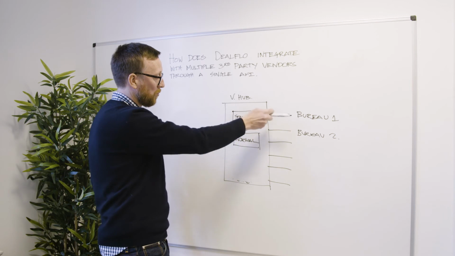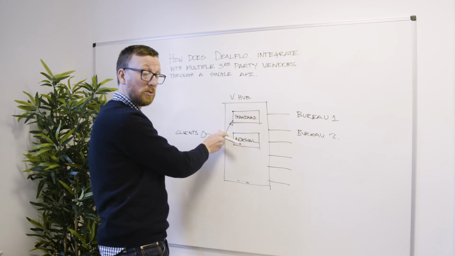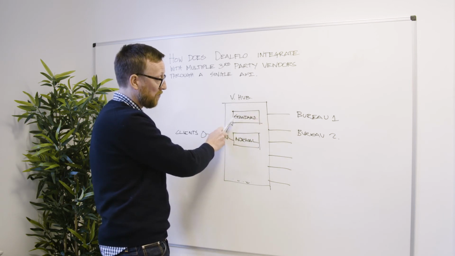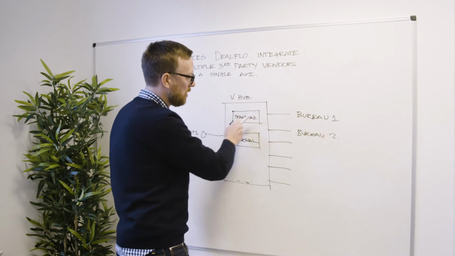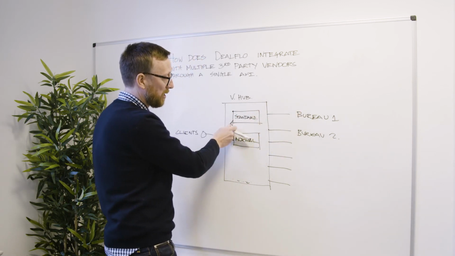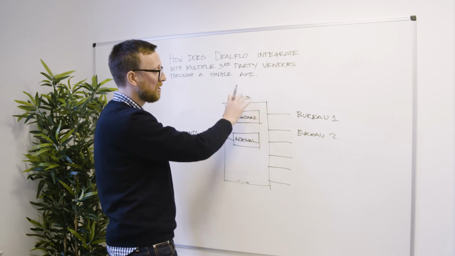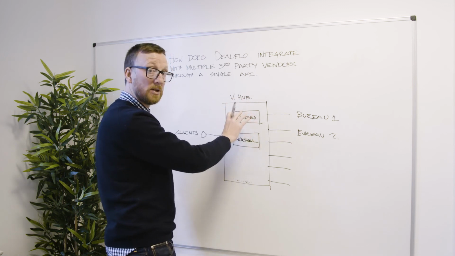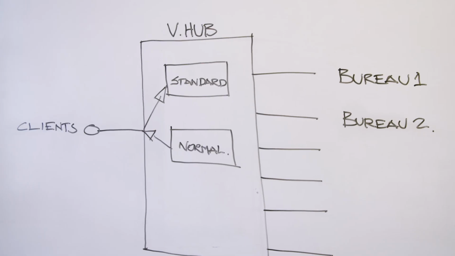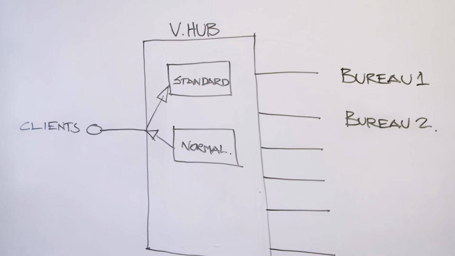So if Bureau 1 is down, we can automatically switch to Bureau 2. And indeed, if you got a fail on Bureau 1, you may decide to get uplift by doing a second check on Bureau 2. So there's intelligence that you can have within the VHub by using this standardization and normalization. This process can be extended to all of the services that we mentioned earlier.